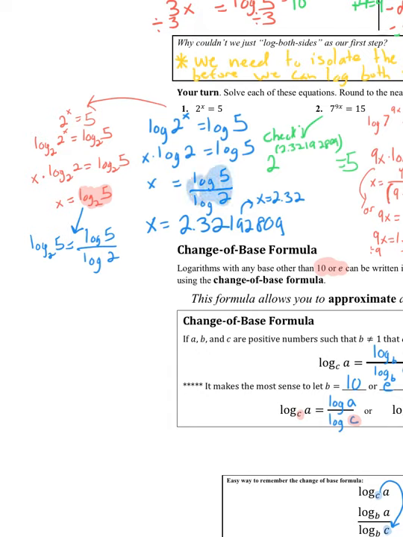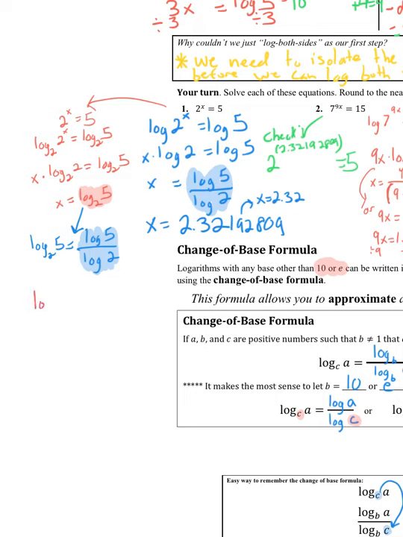Over here on the right, I already had that written down on my paper. So if I use a base 2, it's going to make the simplifying part a lot easier, but I'm still going to need to change the base to put it in my calculator a lot of the time. So I can still change it to log base 10 of 5 divided by log base 10 of 2. I can do whatever base I want.